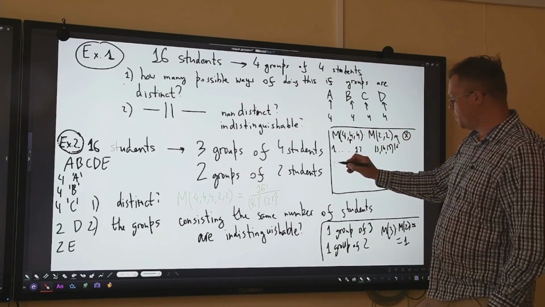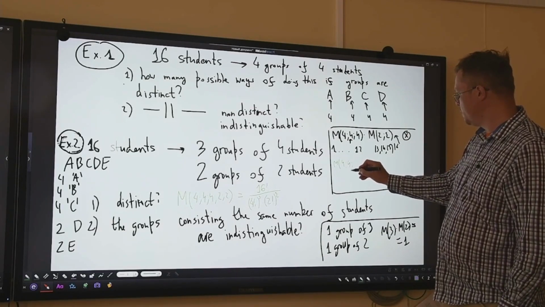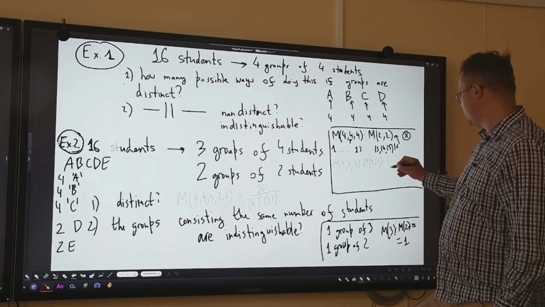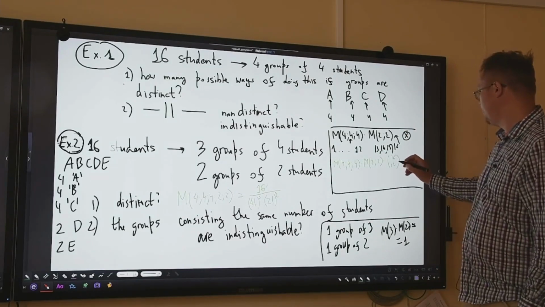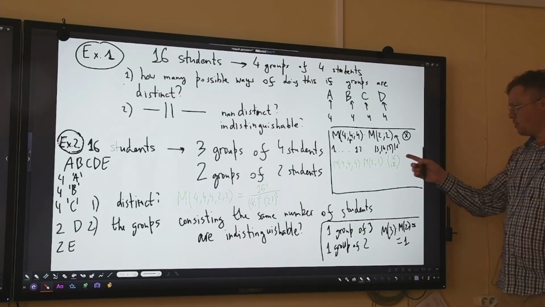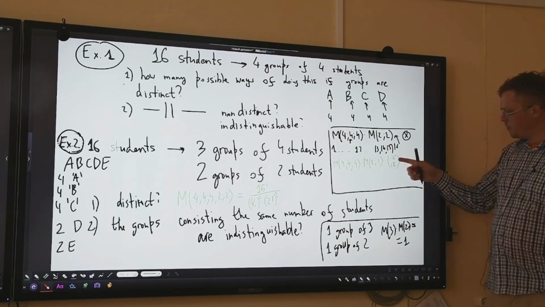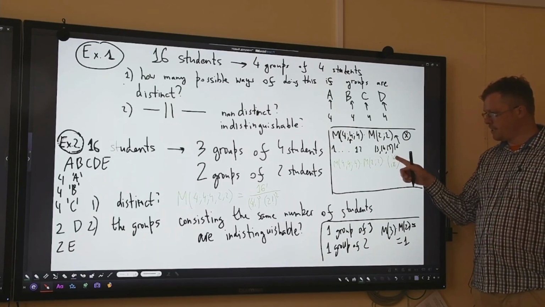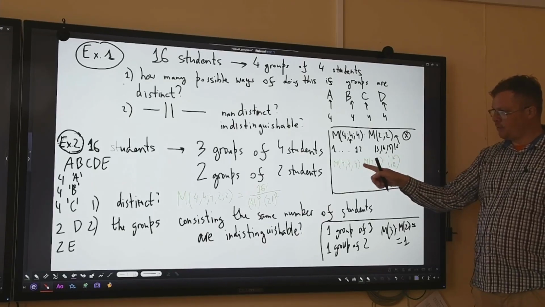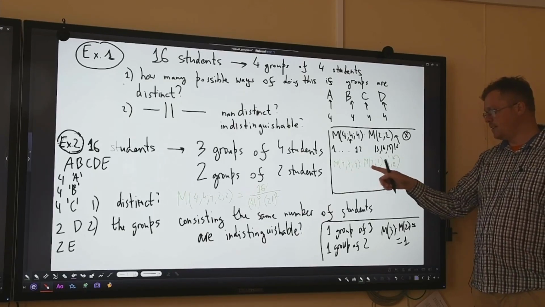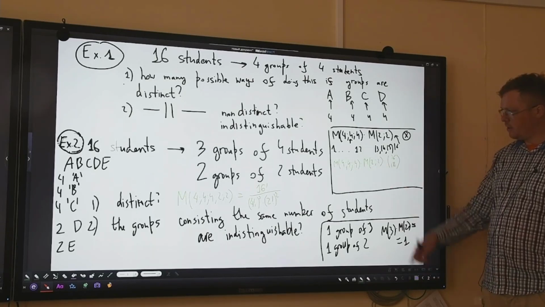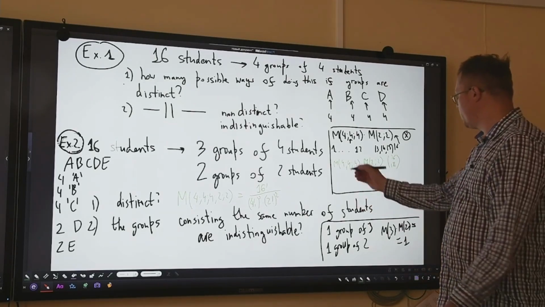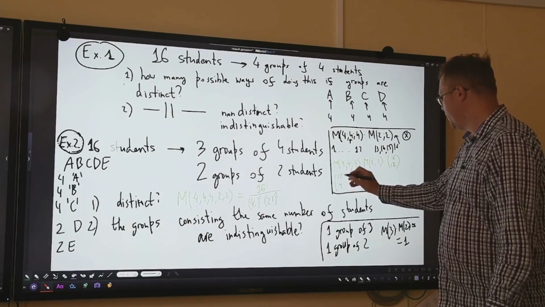So if you want to have the correct answer, you just need to multiply it by 16 choose 12. Firstly you choose 12 persons from the 16, and then divide these 12 persons into 3 groups of 4, and then divide the 4 persons into 2 groups of 2.